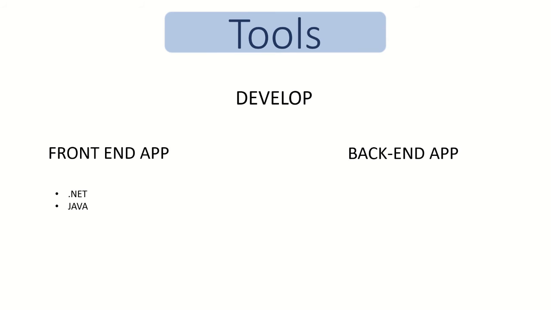So let's look at tools, because remember I talked about tools and also backend apps. So we use tools to develop. When we talk about the front end app, we use programming languages like .NET and Java. So your websites, your ATM, as I talked about ATM, your apps in your phone, those will use .NET and Java and other programming languages.